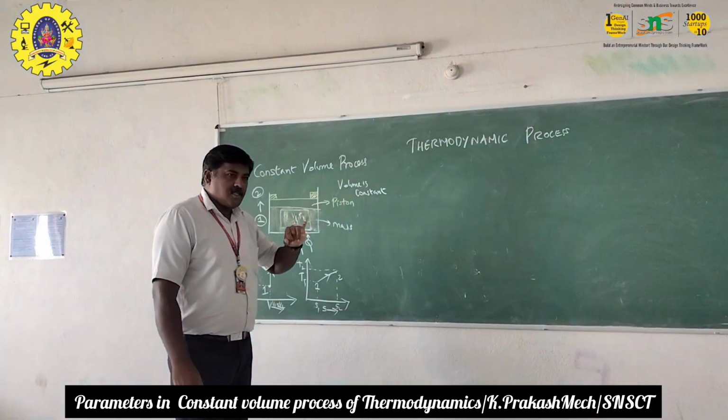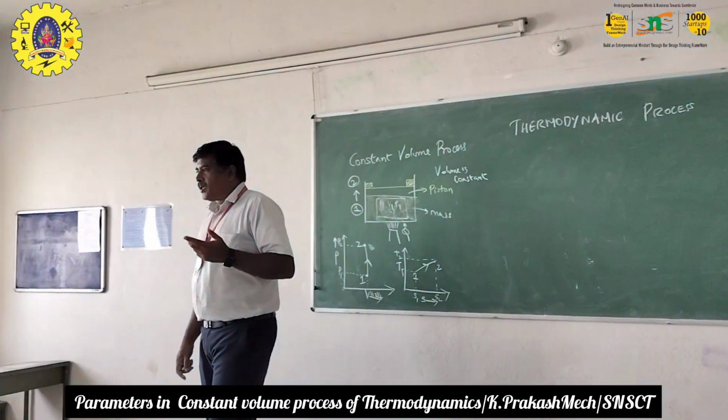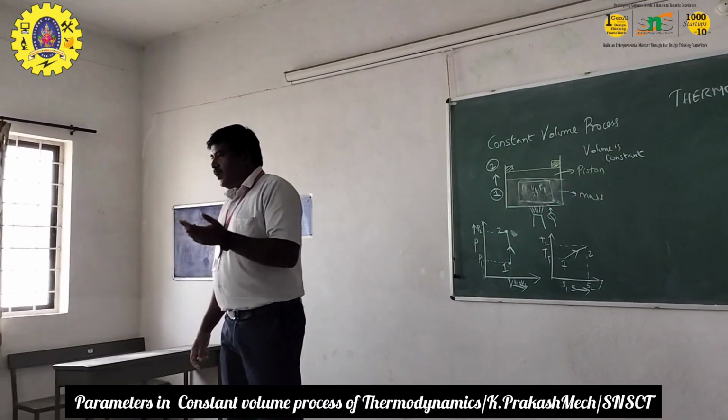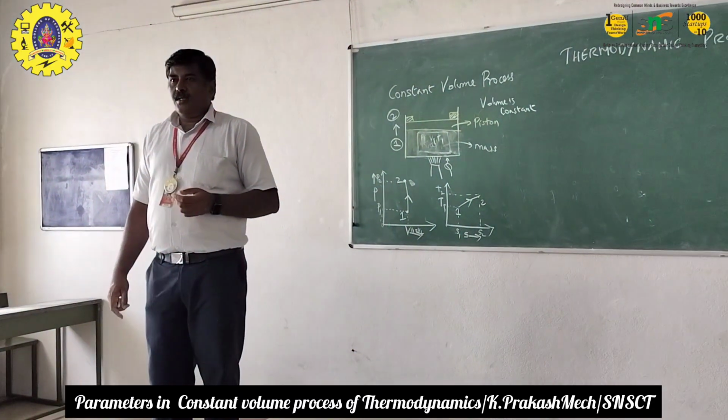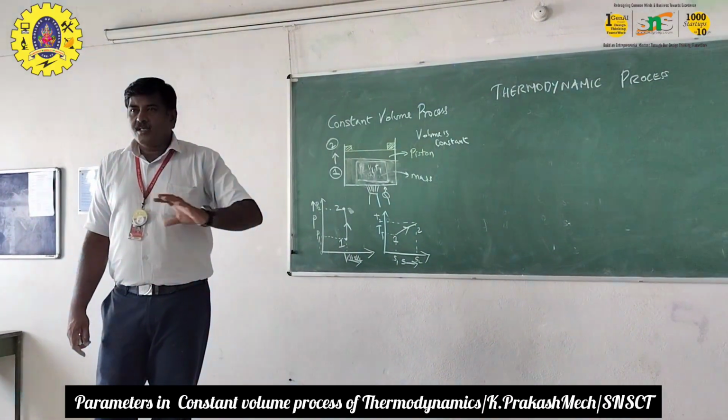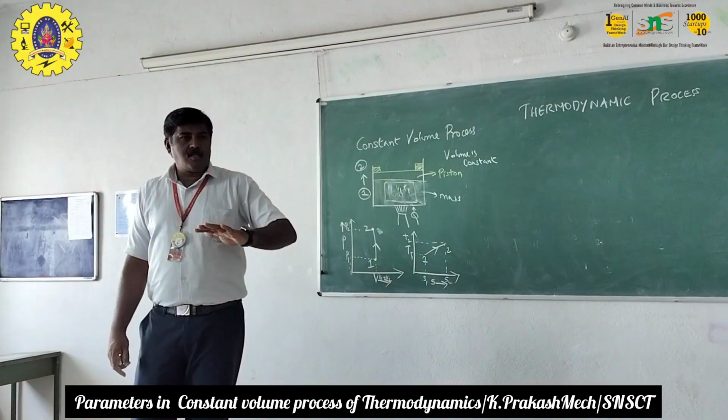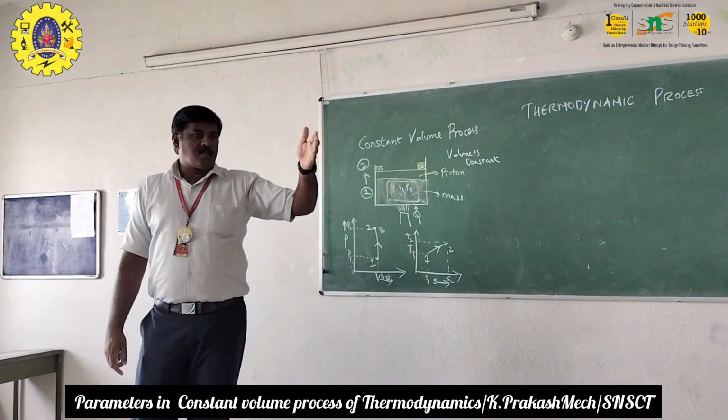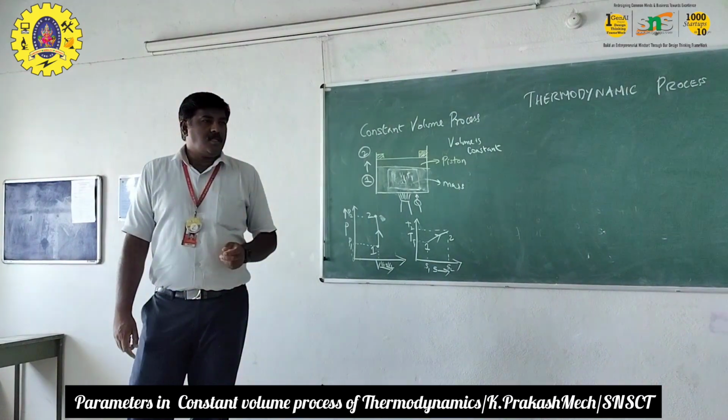Pressure is a property, volume is a property, temperature is a property, and then enthalpy, internal energy, entropy, all these are properties. From one state, when it is moving to another state in a process, the values will be changing.